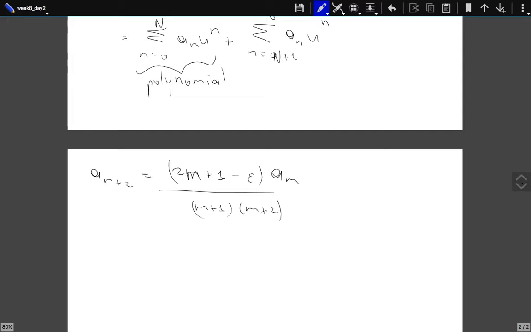But that means that in this recursion relation, if m is larger than my N, which is very large, I can just ignore those 1 minus epsilon, 1 and 2 factors. And what I'm left with is that a m plus 2 would be approximately, well, if N is very large, this approximation will be quite good. It will be correct to 1 part in 1 million, for example. a m plus 2 will be just 2 over m times a m.